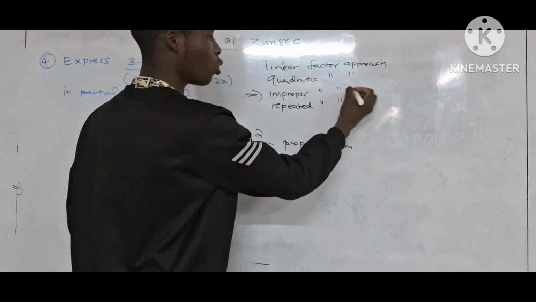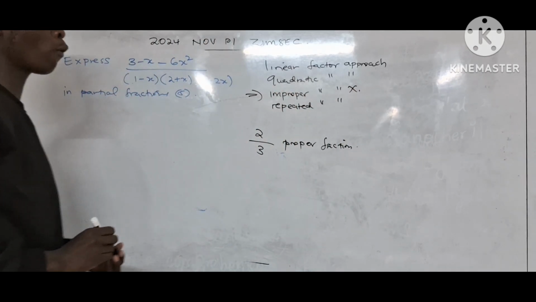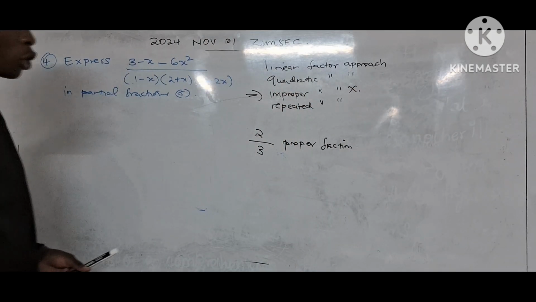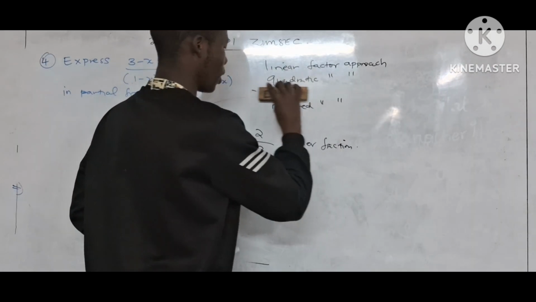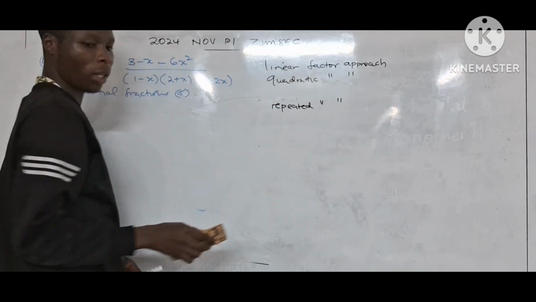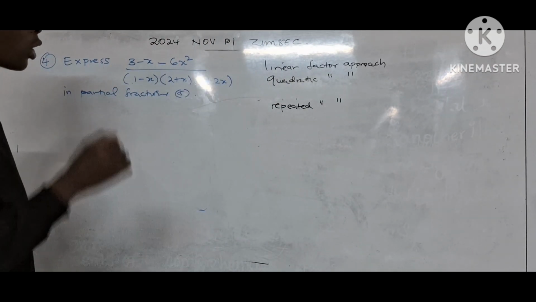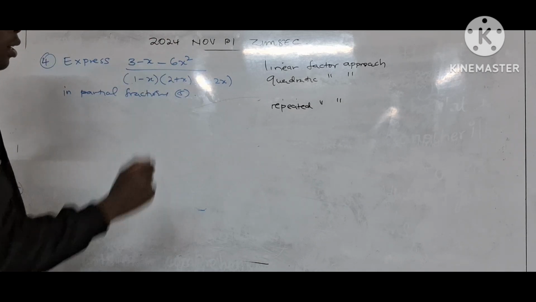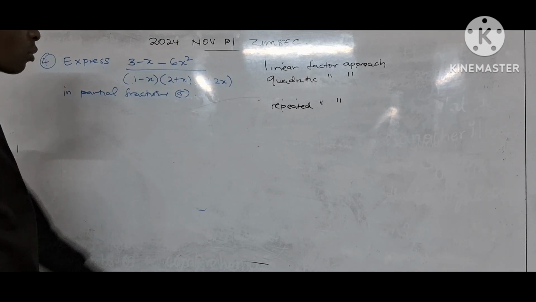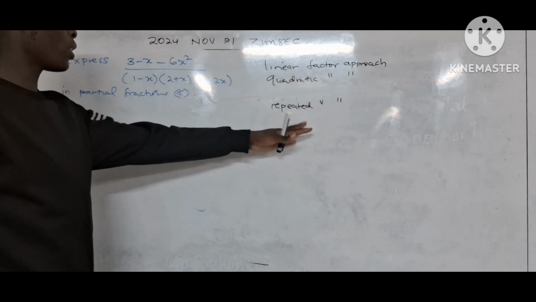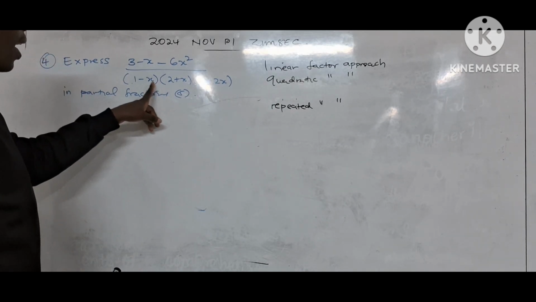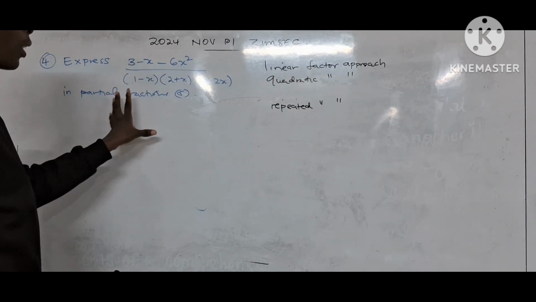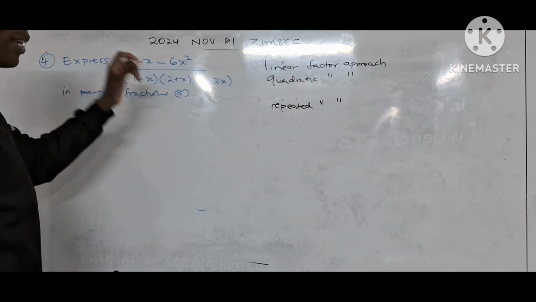This is a proper fraction. So there is no need to go for the improper factor approach. Now I have linear factor approach, quadratic factor approach, and repeated factor approach. Repeated factor approach is characterized by having a linear factor that is raised to a power.